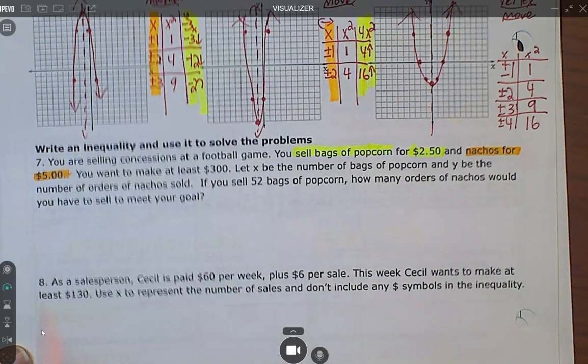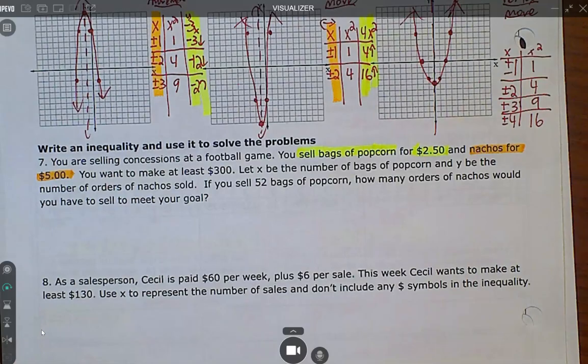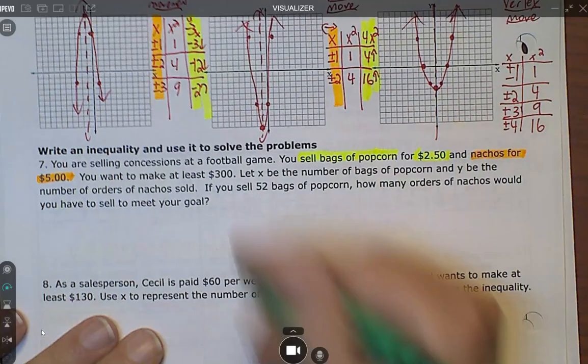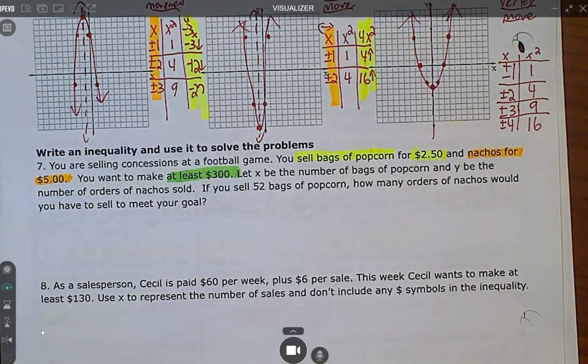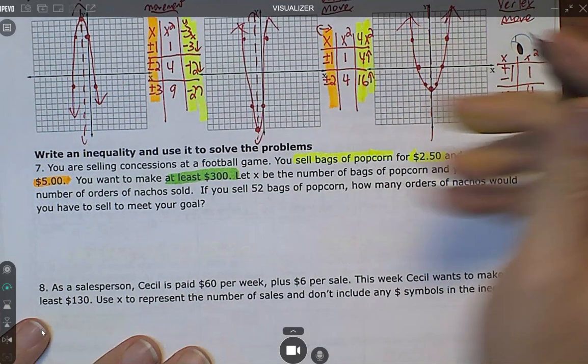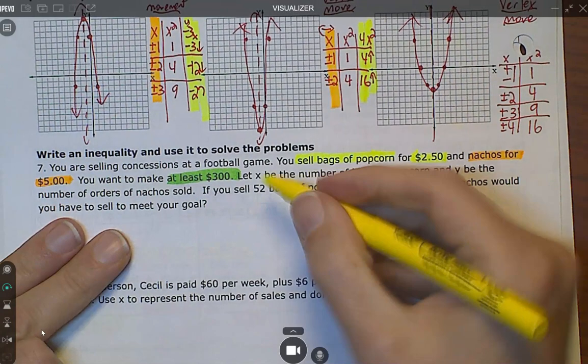So we have 2 unknowns. Okay, as a student, where kids really struggle with these problems, to me, I've been teaching a really long time. I'm trying to find my green highlighter. Found it. Okay, so you want to make at least $300. So you got to know which inequality to use. The least amount you want to make is 300. Let X be the number of bags of popcorn.